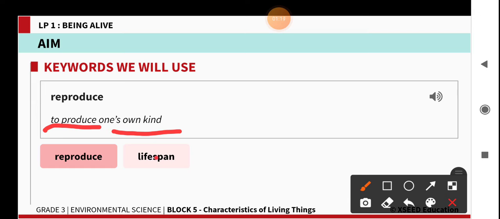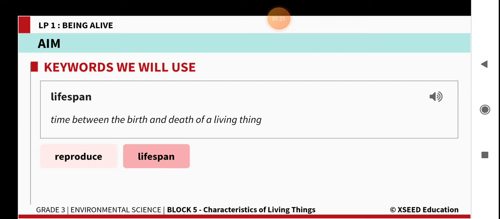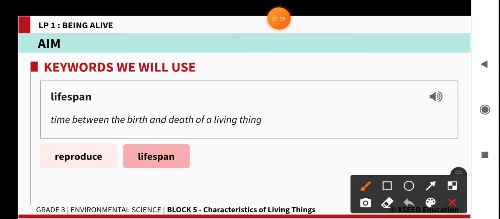And the next one is lifespan. The meaning of lifespan: the time between the birth and the death of a living thing is known as lifespan.